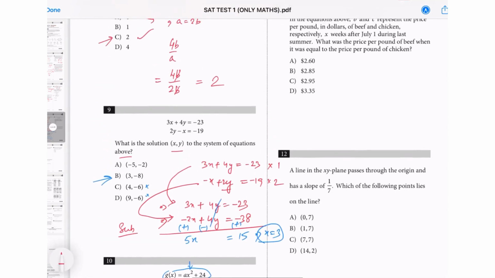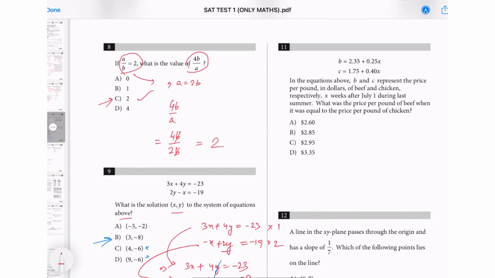Next, I go to question number 11. Here it is saying that in the equation above, B and C represent the price per pound in dollars of beef and chicken, respectively, x weeks after July 1 during the summer. What was the price per pound of beef when it is equal to the price per pound of the chicken?